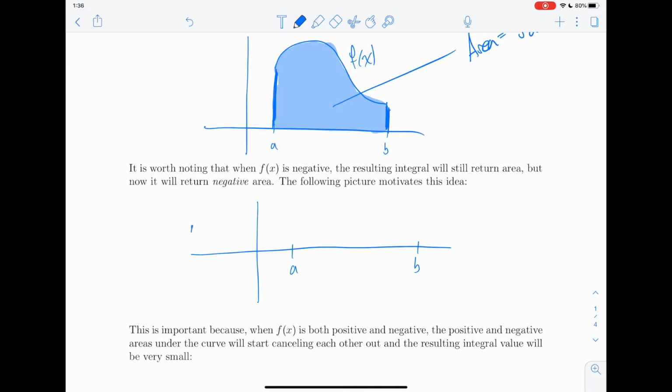Maybe our function starts over here, but the point is between a and b, my function is negative. So here's still my left and rightmost boundary, and the area that I'm interested in is exactly this area down here.